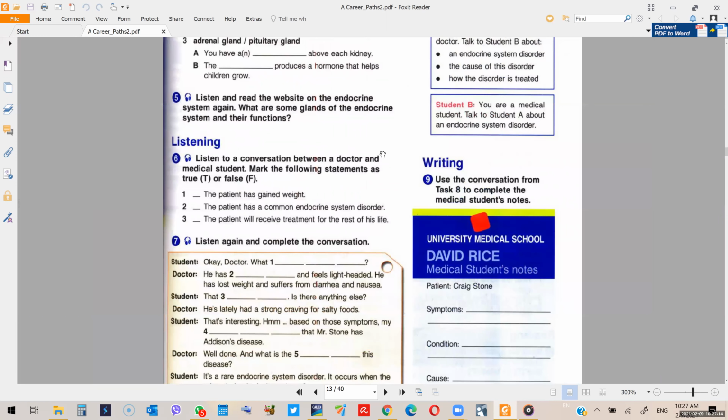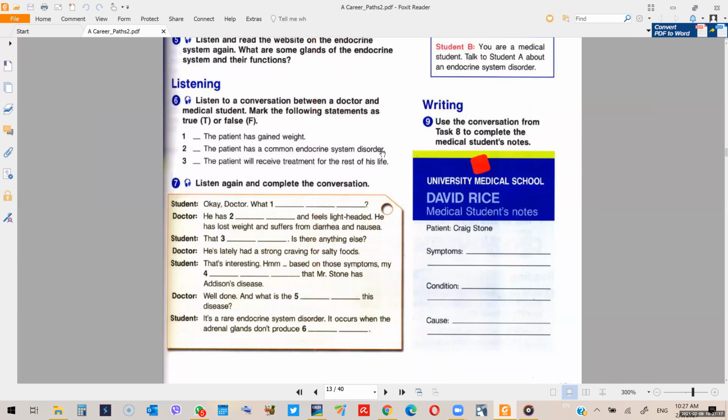We are going to listen to a second conversation between a senior doctor and a student like you, who answers the questions of that doctor. So let's listen to the other listening, and then we answer the questions. Listen, please.